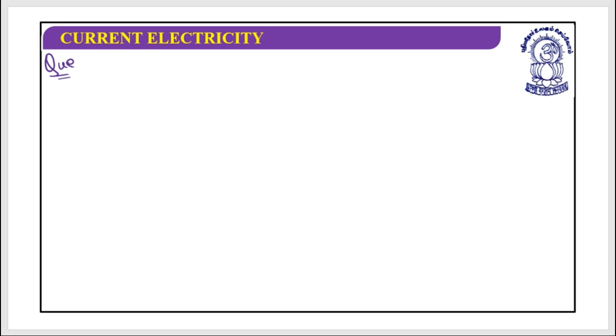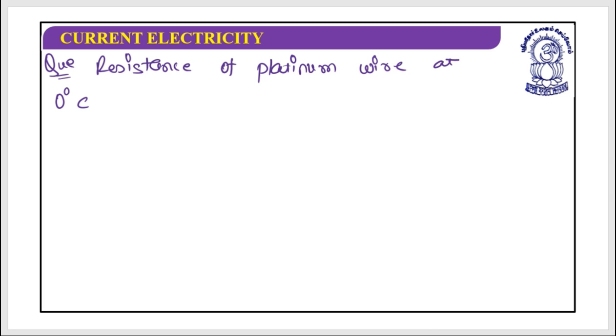The question says that let's suppose the resistance of a platinum wire at 0 degree Celsius, at 100 degree Celsius, and at a certain T degree Celsius has been given.